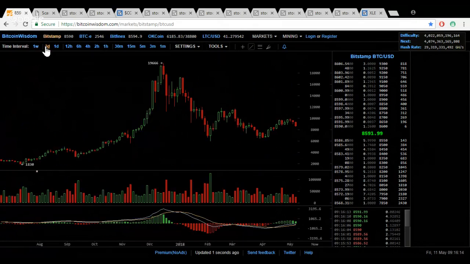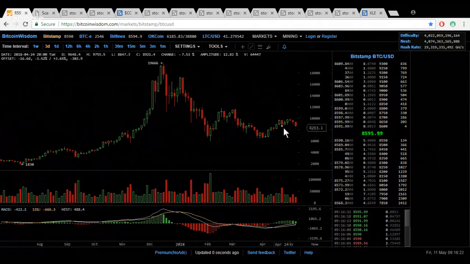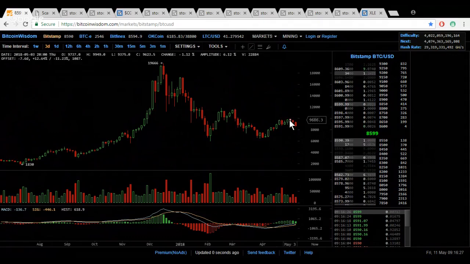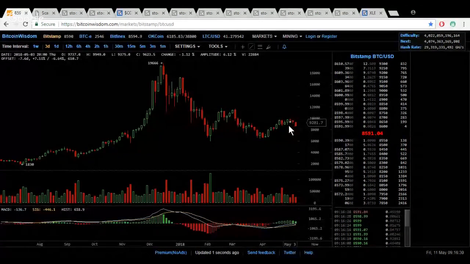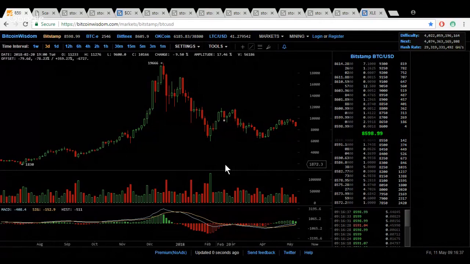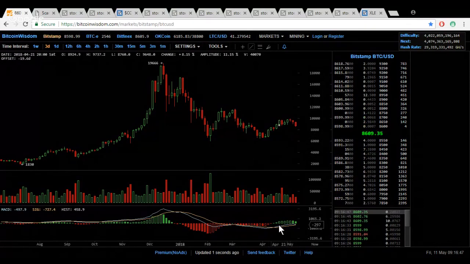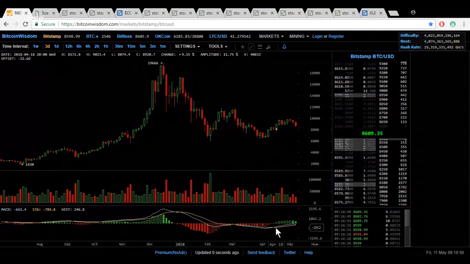On the 3-day, it went through a long period of bearishness correctly. We then got the big upswing that took us back to 10,000. We couldn't get through 10,000, and that's one of the reasons I came out earlier with my short-term decision to get out of the market and get back into cash, even though the MACD had turned positive.